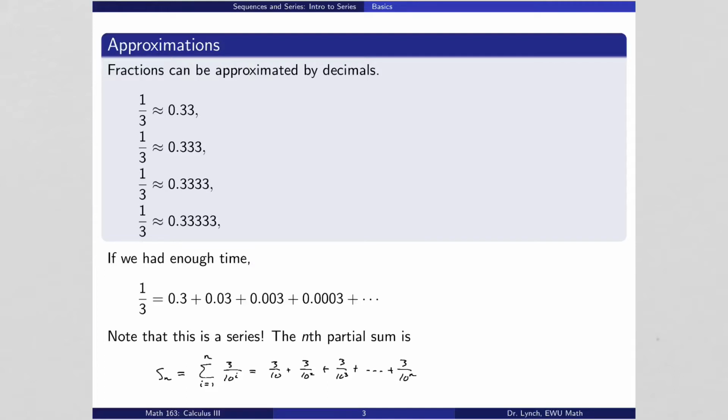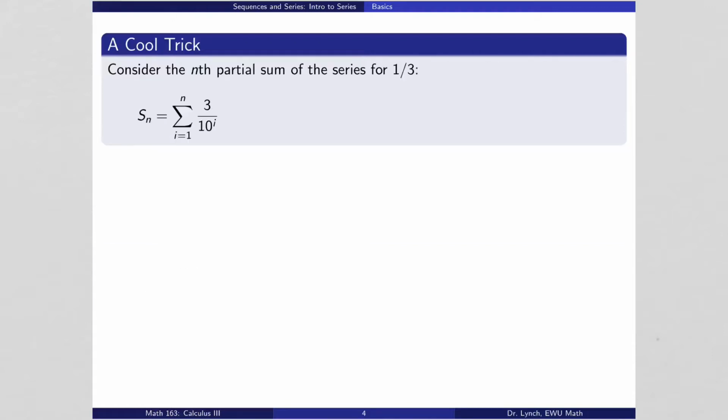Now, we can play around with this partial sum a little bit more, and we'll look at a cool little trick for the partial sum. On one hand, I'll write out some terms here. This nth partial sum is 3/10 plus 3/10 squared plus 3/10 cubed, all the way to 3/10 to the n power.